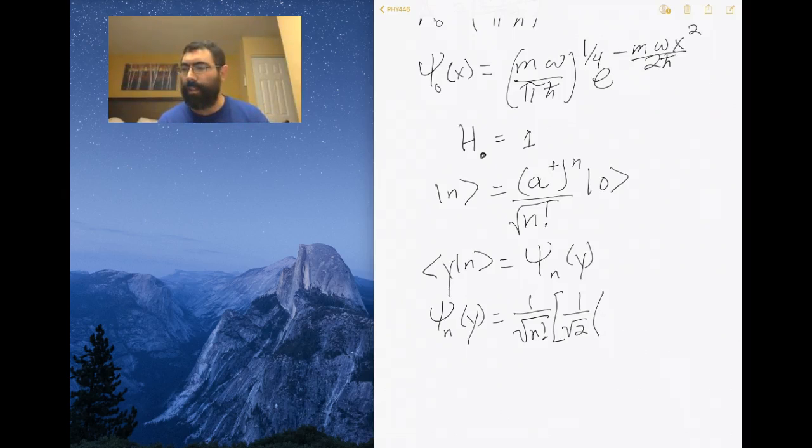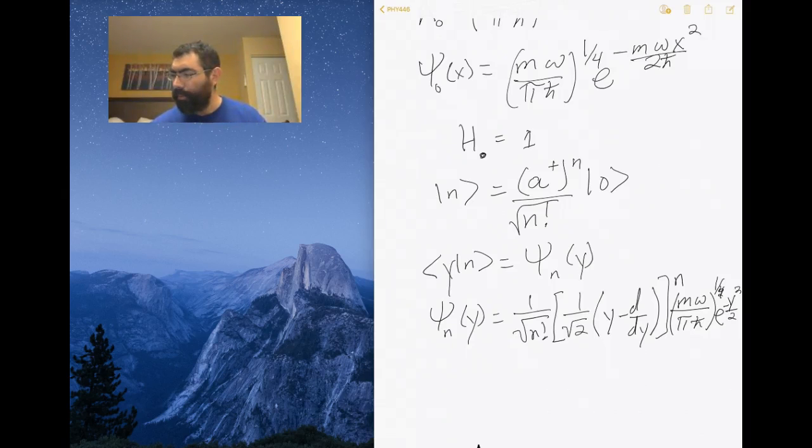So we would apply the raising operator, which we said was y minus d dy, and then we'd have to do that n number of times, and we would get the constant a, which was m omega over pi h bar to the 1/4 power e to the minus y squared over 2. So it's getting a little messy.